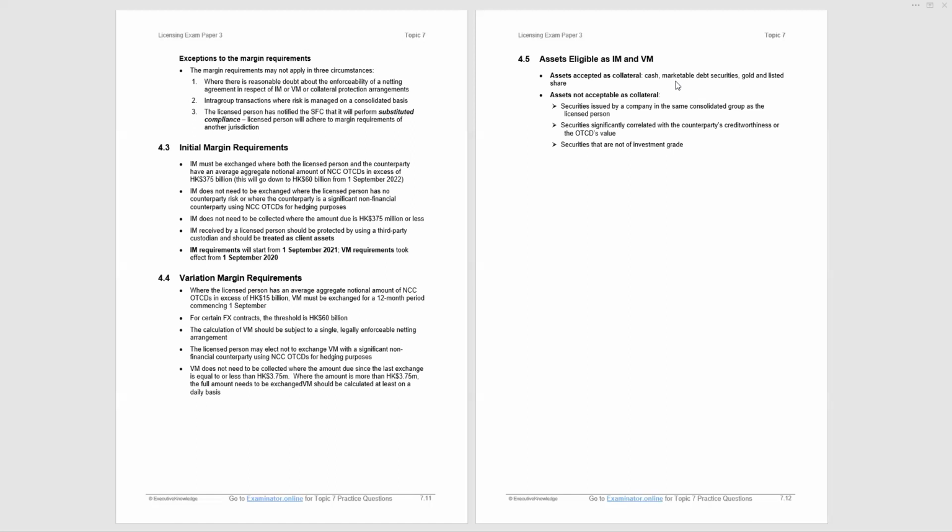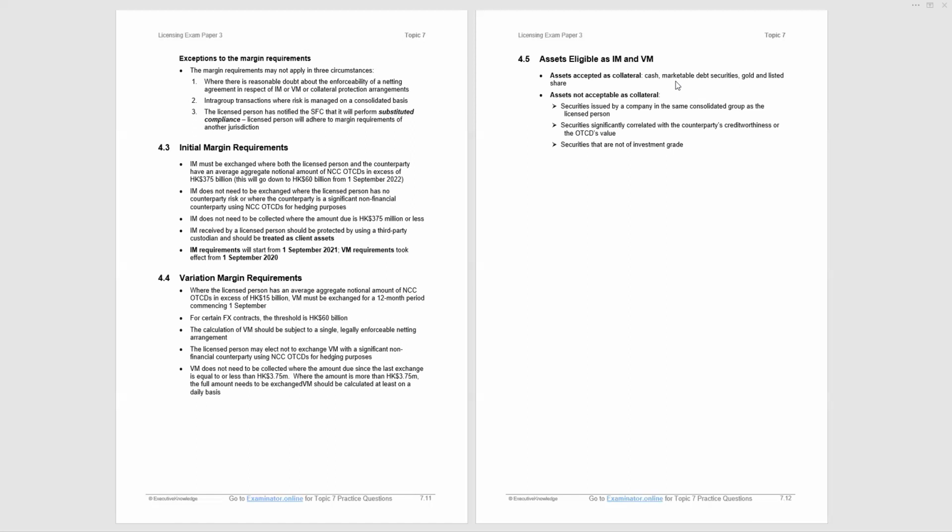Variation margin requirements apply where the licensed person has an average aggregate notional amount of derivative position in excess of 15 billion. Variation margin must be exchanged for a 12-month period commencing 1st September. So this is the detail. I'd be surprised when they examine this, if they examine the detail. For certain Forex contracts, threshold 60 billion, okay.